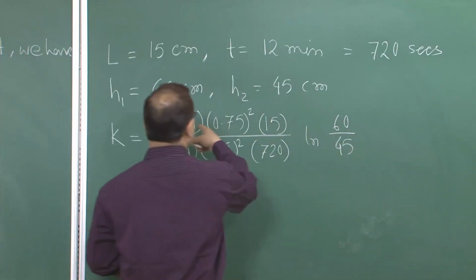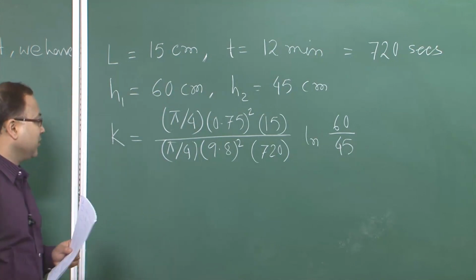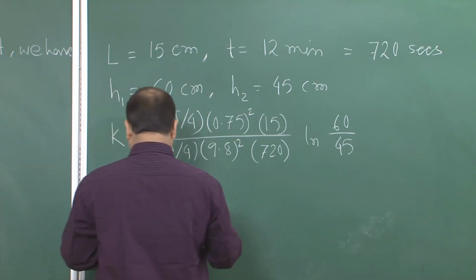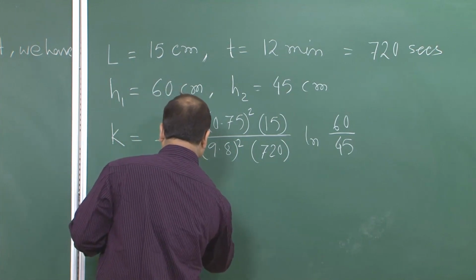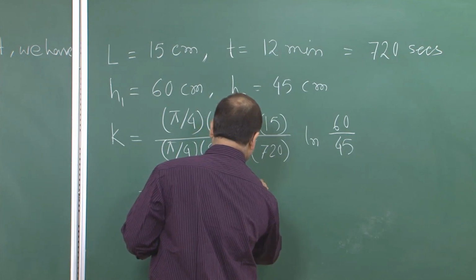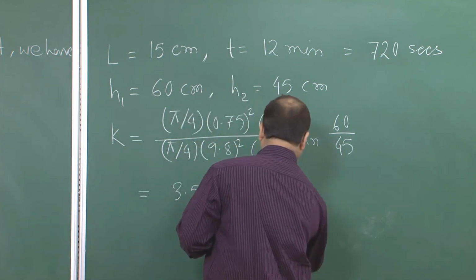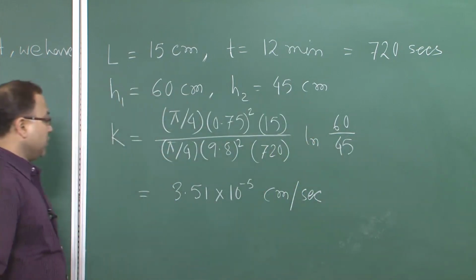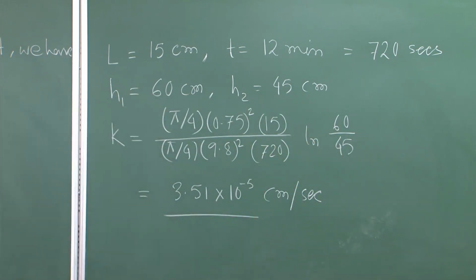We did not calculate the areas because we will take advantage over here; they will get cancelled. So, ultimately I will get 3.51 into 10 to the power minus 5 centimeter per second. This is your coefficient of permeability or the hydraulic conductivity.